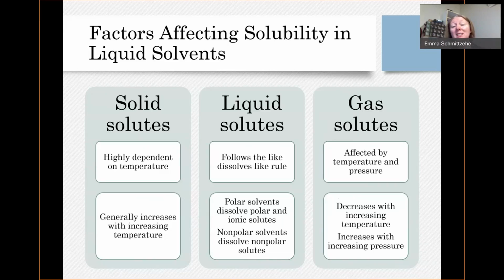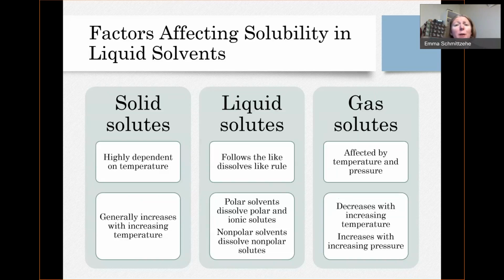The dissolved gases move around faster and get to the surface quicker and then escape. That's why solubility goes down with increasing temperature for gases. That's exactly the opposite of solids. Solids will dissolve more at increased temperature and gases will dissolve less. They'll actually escape.